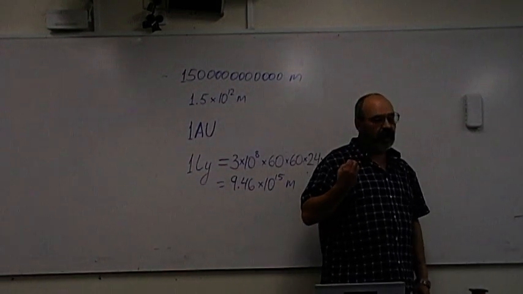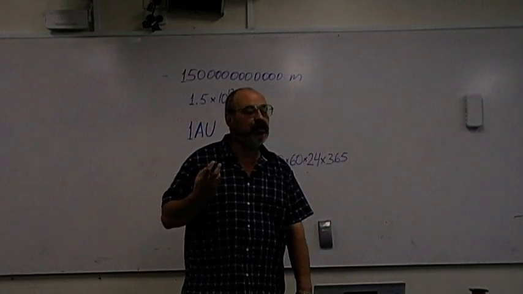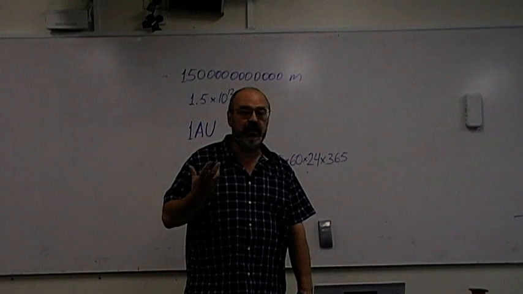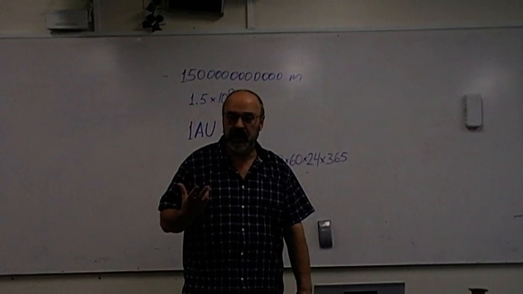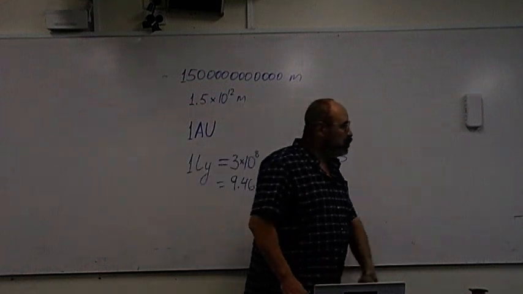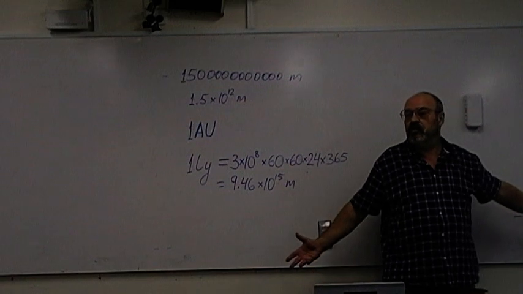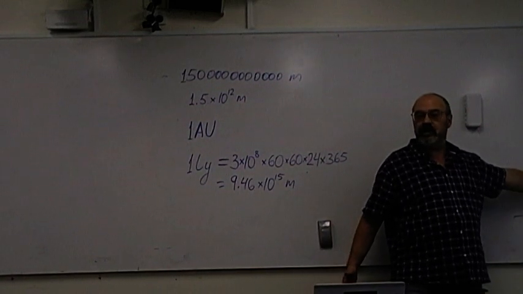That's called parallax. Parallax is apparent change in the position of the object when position of the observer changed. Did this end of the board move? Did it jump? No. It stayed where it was.